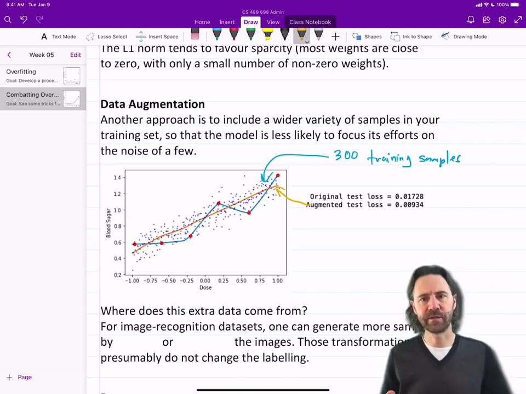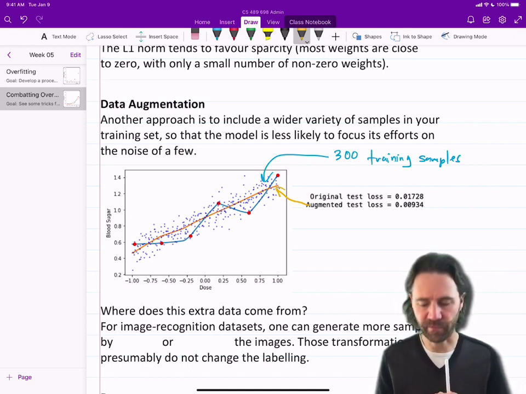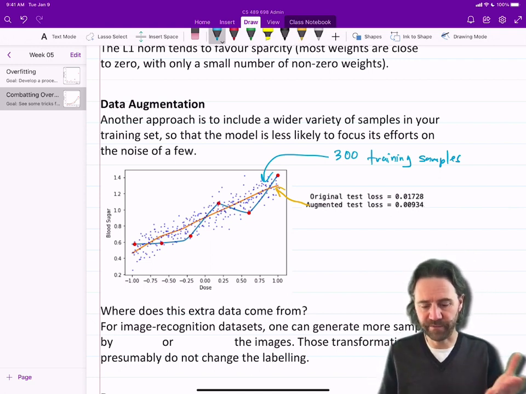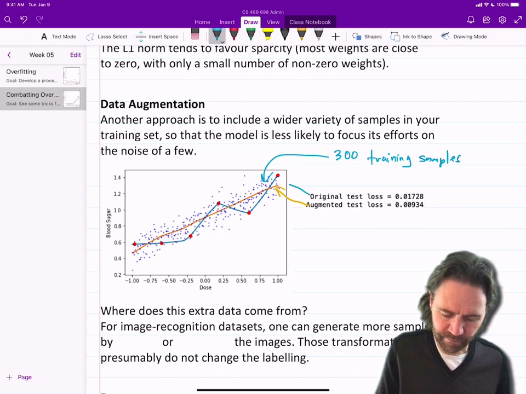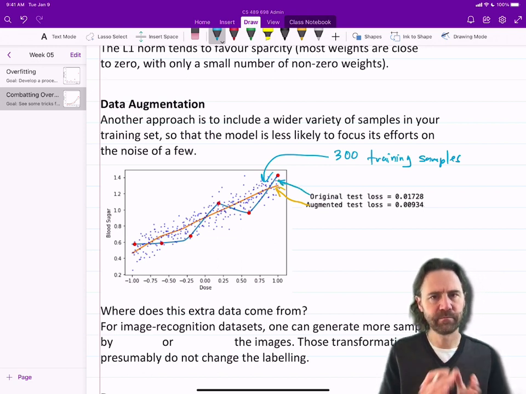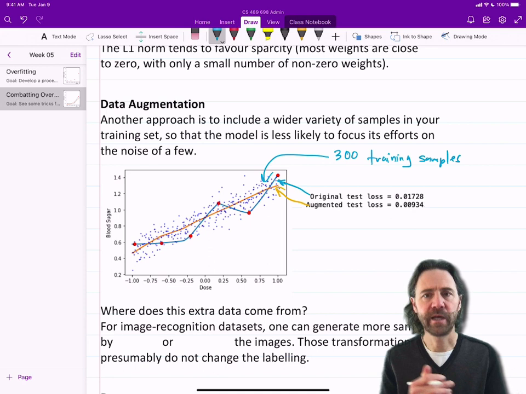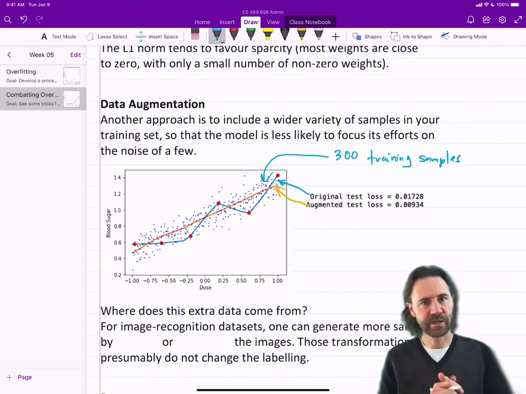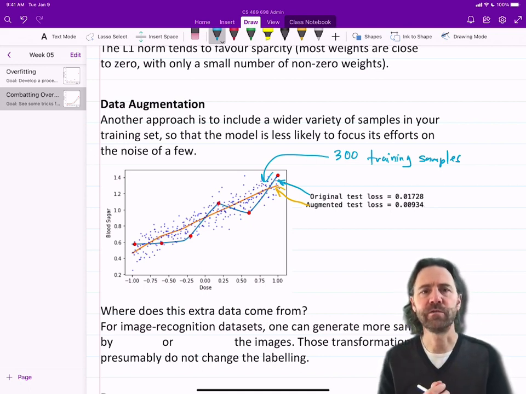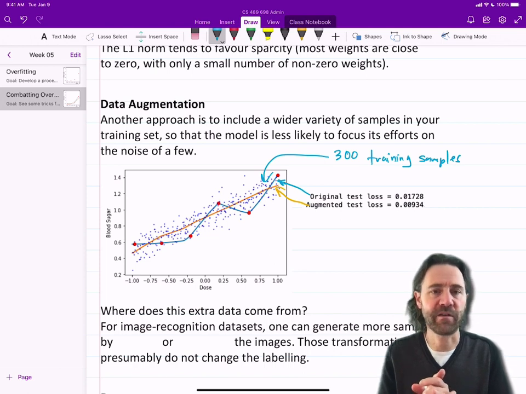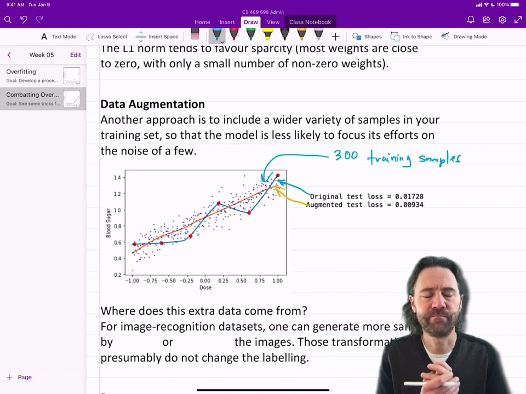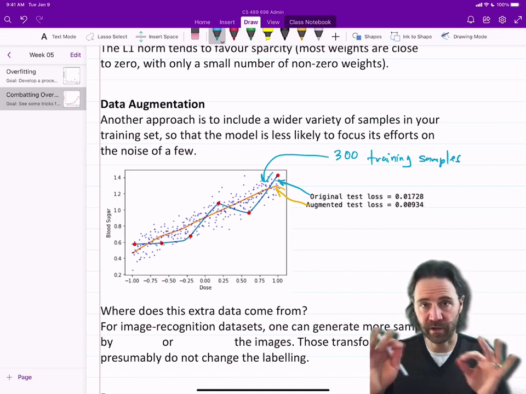The augmented loss goes down to 0.00934, whereas the loss on our original model that was fit to those 6 points, its test loss is, as I said before, 0.017. So you can see the line is much closer to the middle of the cloud of points that reflects a more statistically comprehensive view of the underlying phenomenon.